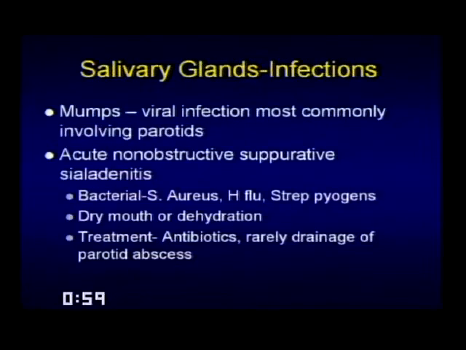After being NPO for a period of time, they get diffuse glandular swelling bilaterally, and you need to put those patients on antibiotics and hydration, and frequently you can give them lemon drops and things to stimulate production of their salivary gland. Rarely drainage is necessary of a parotid abscess, but sometimes may be indicated.